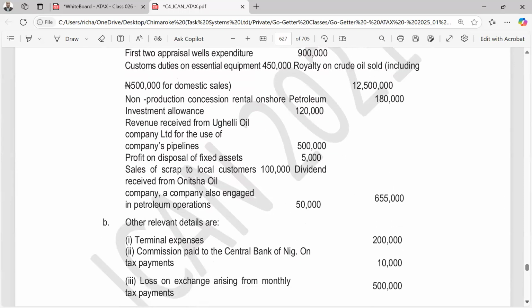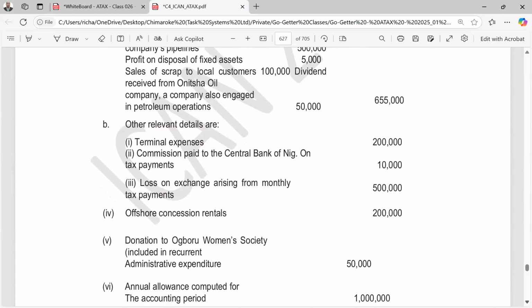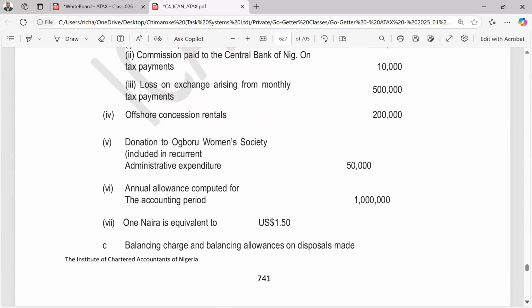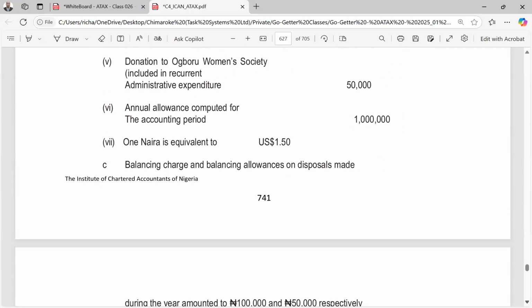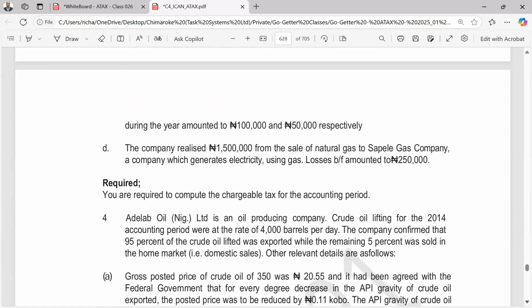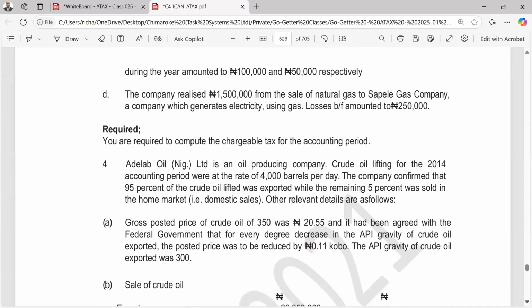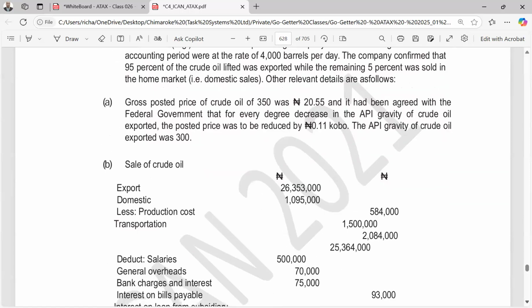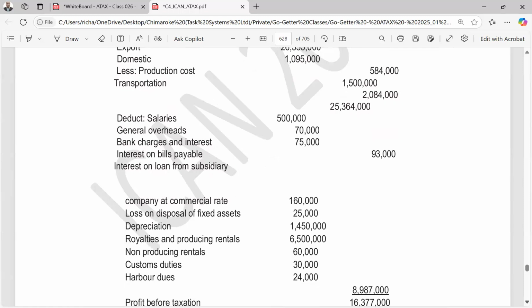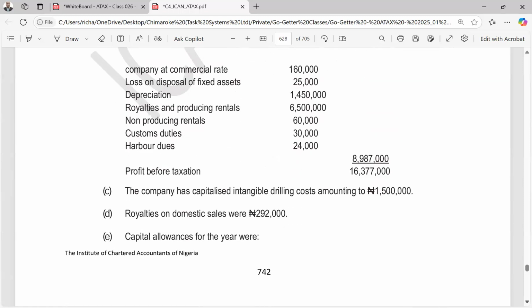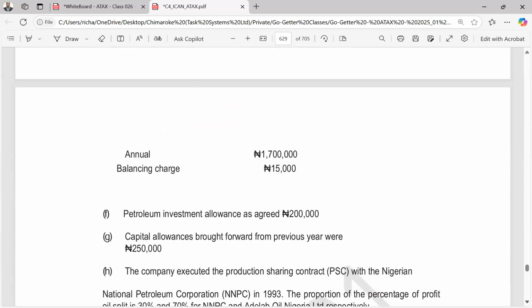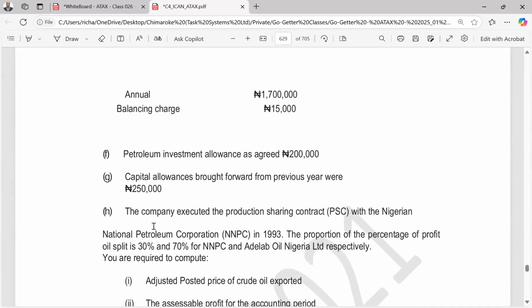Once you do one, you'll be able to do all the others. I want to see the one that has gas. They're all similar. Now, this is petroleum production sharing contract, what I was telling you.